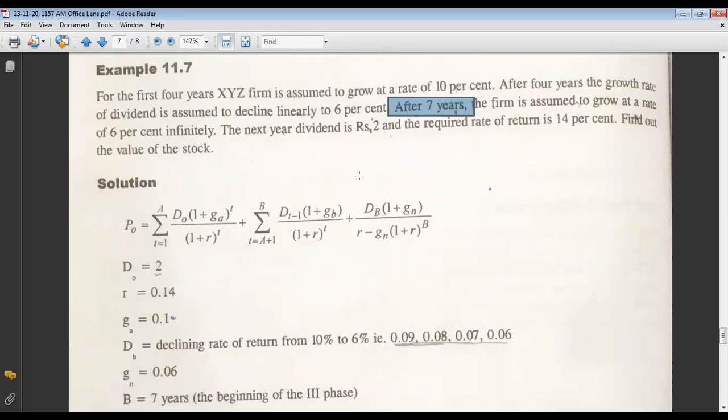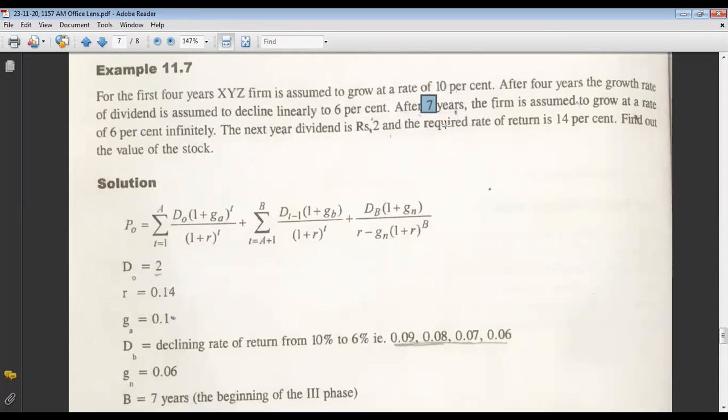That means the total time that we have is 7 years till phase B. Phase A is going to get over in 4 years. Phase B is going to last for 3 years, because out of 7 years, if 4 years are consumed by growth phase 1, the time that we have for phase 2 is only 3 years.